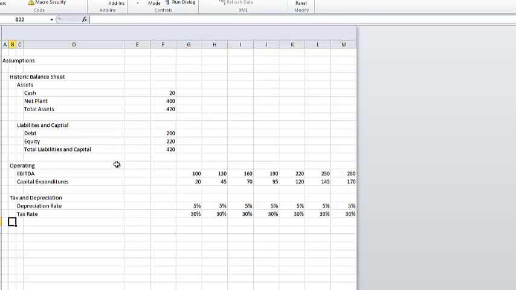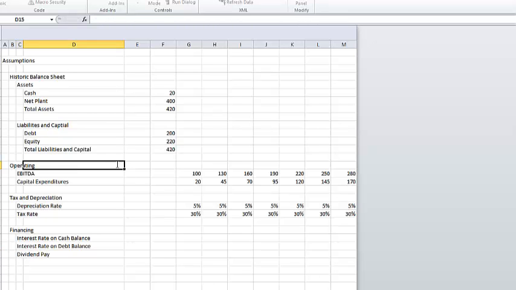And now financing. Let's put an interest rate on our cash balance, then an interest rate on the debt balance, and a dividend payout ratio.